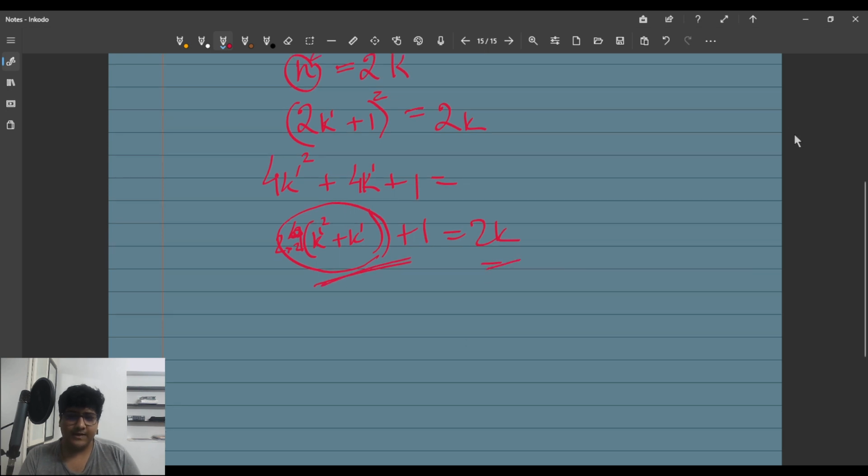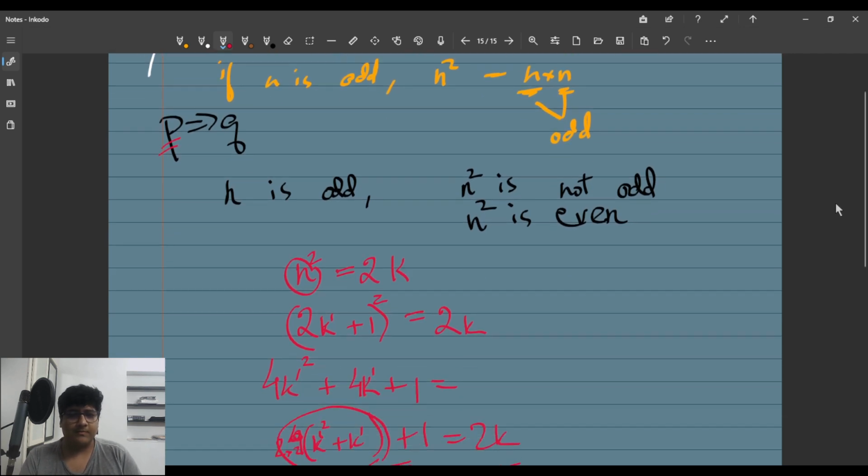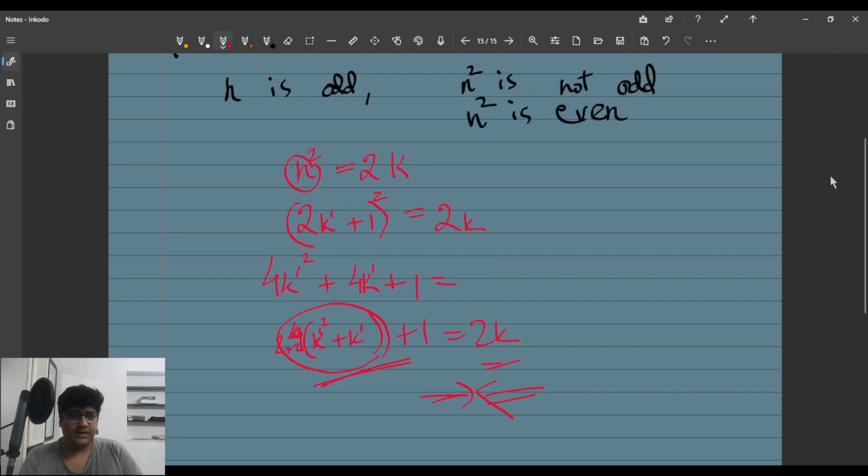So instead of reaching a contradiction to P, instead of reaching not Q implies not P, we have reached a contradiction, that is, the assumptions in mathematics are being contradicted. So the assumption that a number is either even or odd is being contradicted.